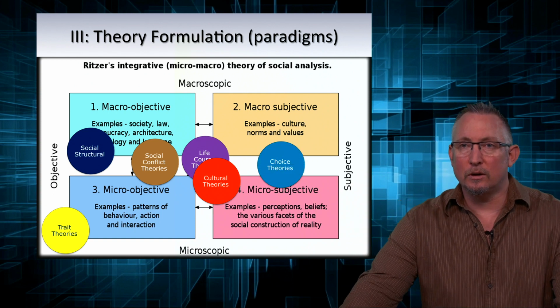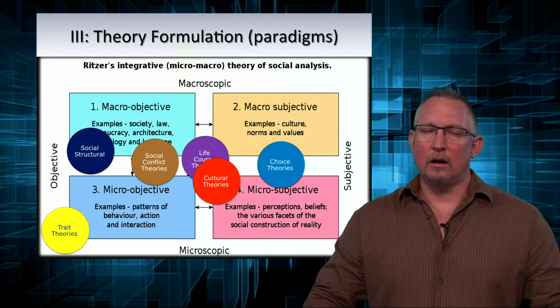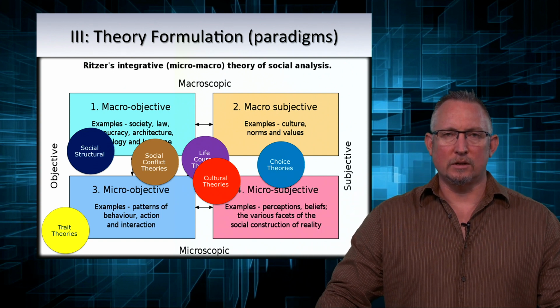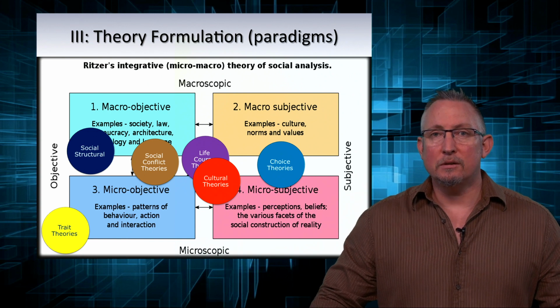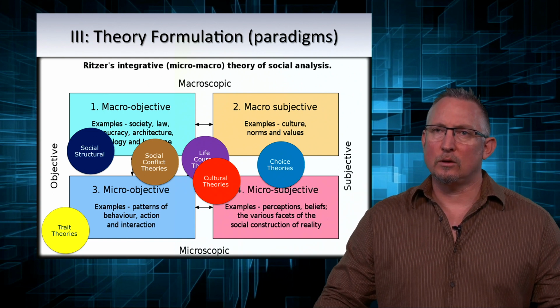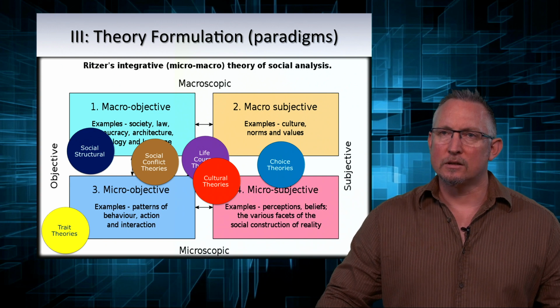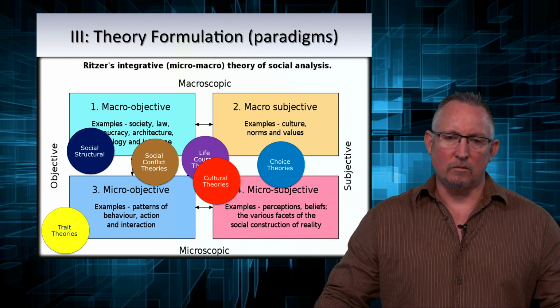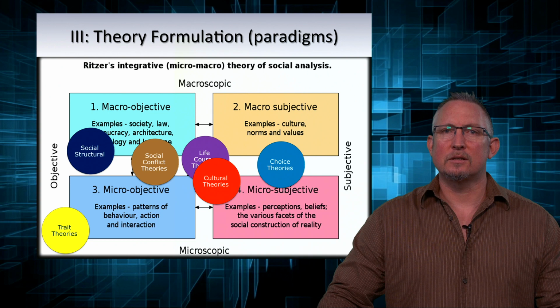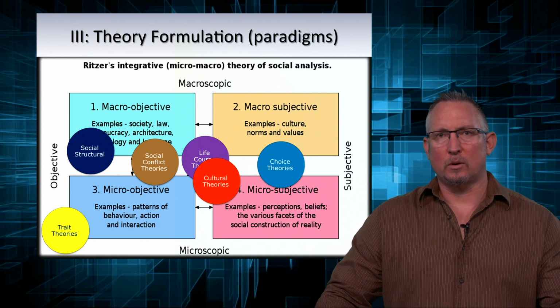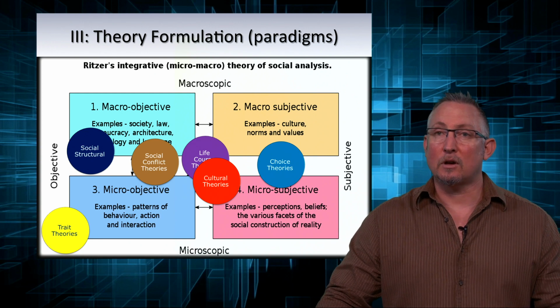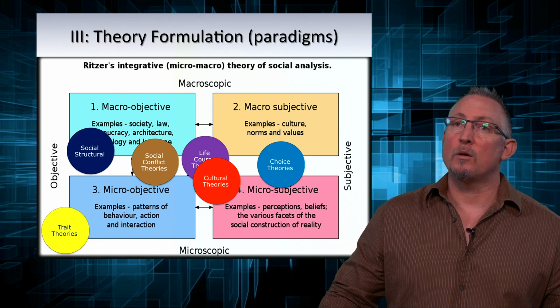Choice theories, which we'll look at a little bit today, and certainly in greater detail towards the end of the term when we refer back to right realism. Choice theories tend to be highly individualistic. They look at the motives of individual actors within rational decision-making contexts. So we tend to see them more on the microscopic or in between the microscopic and macroscopic when we think of them in an environmental context, right?